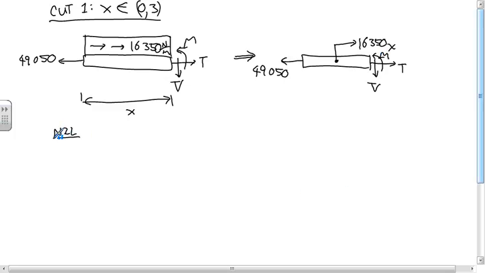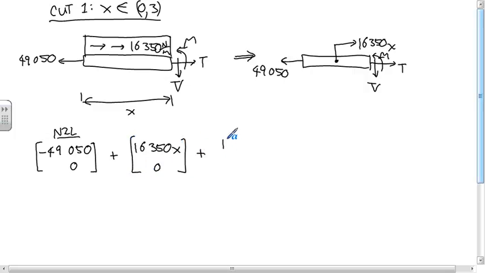Now Newton's second law says negative 49,050, 0, plus positive 16,350 x, 0, plus T, negative V, is equal to zeros.